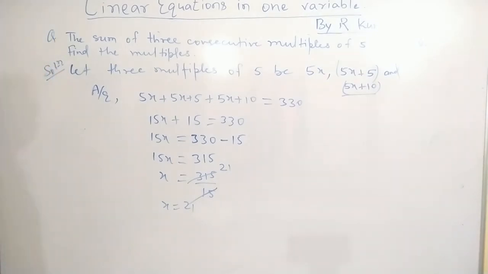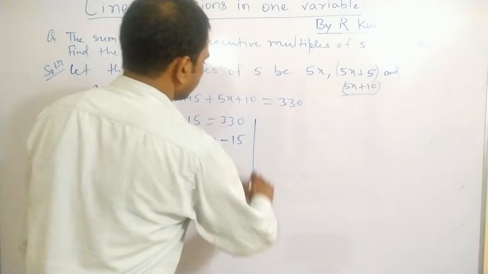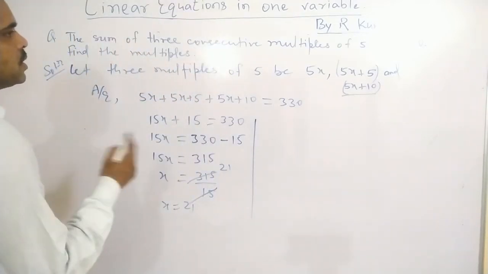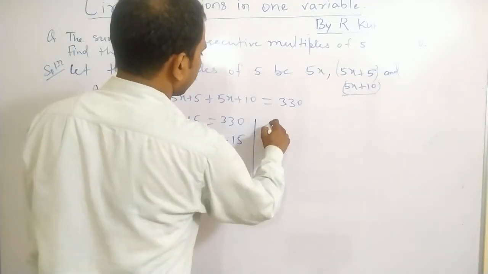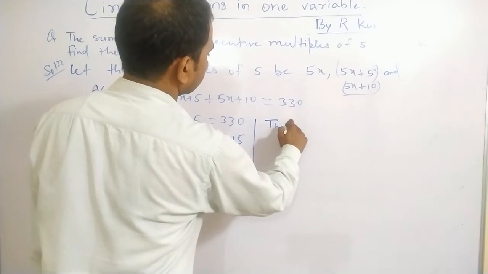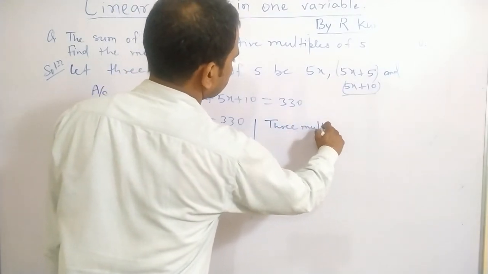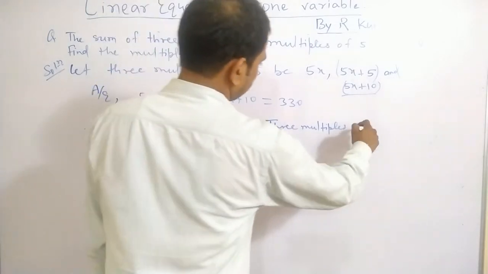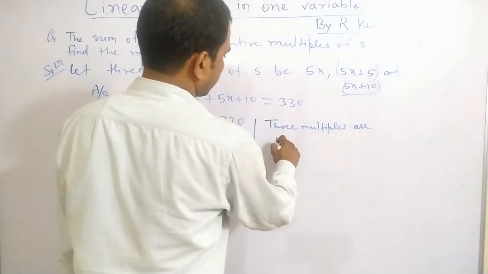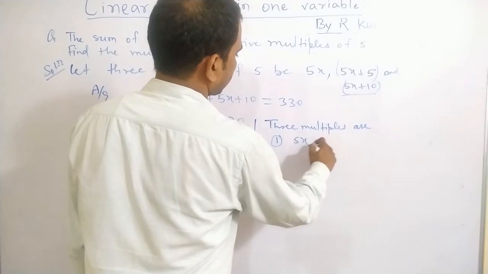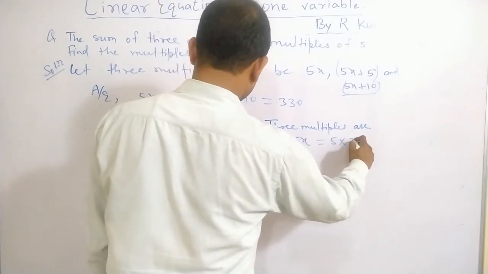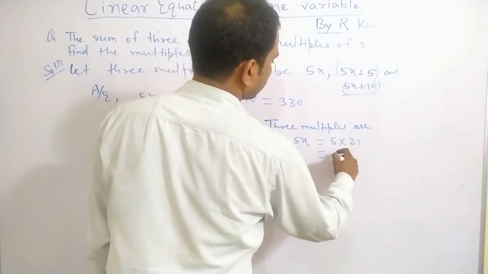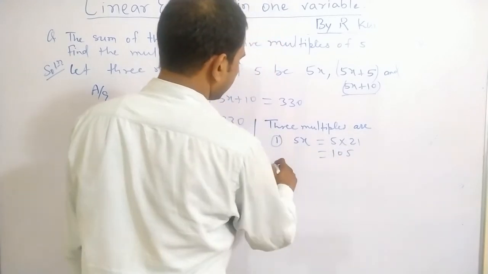If I tell you to write those 3 multiples, the 3 multiples which I have considered are: number 1, it is 5x, means 5 into 21, which will be equal to 105.